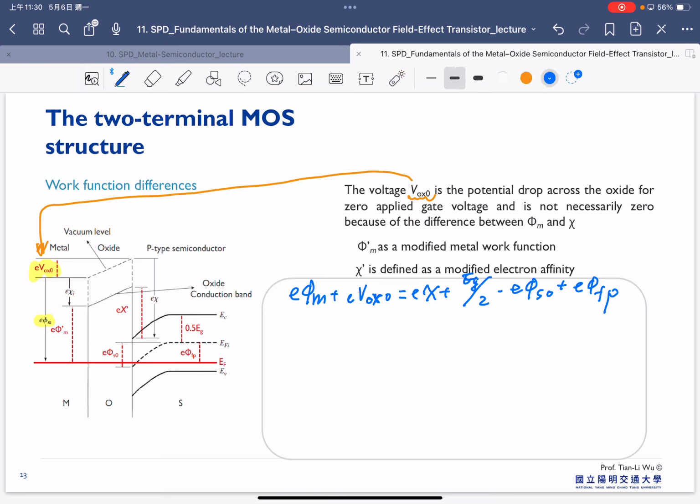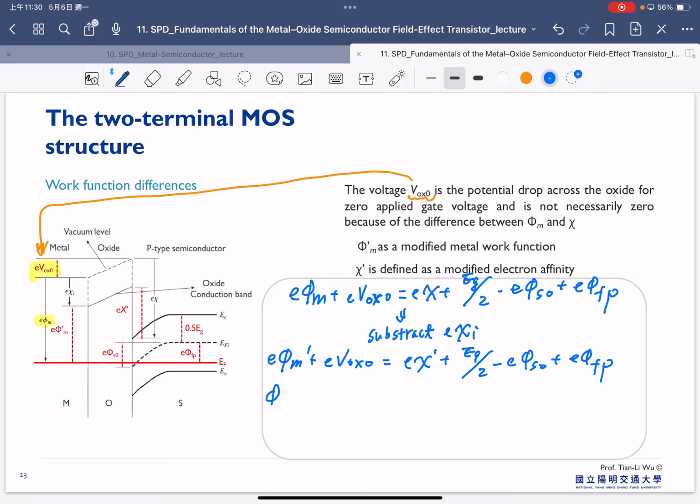And right now, if we subtract E chi I at the same time, we have E phi m prime, and therefore our phi s.